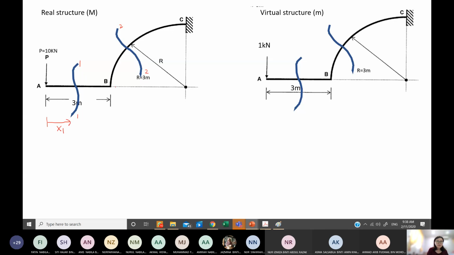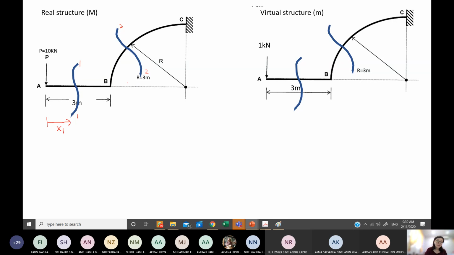Remember, your X shall be parallel with your member. Since AB and BC are not parallel, try not to start your X for section BC from A, as that will be very tricky.